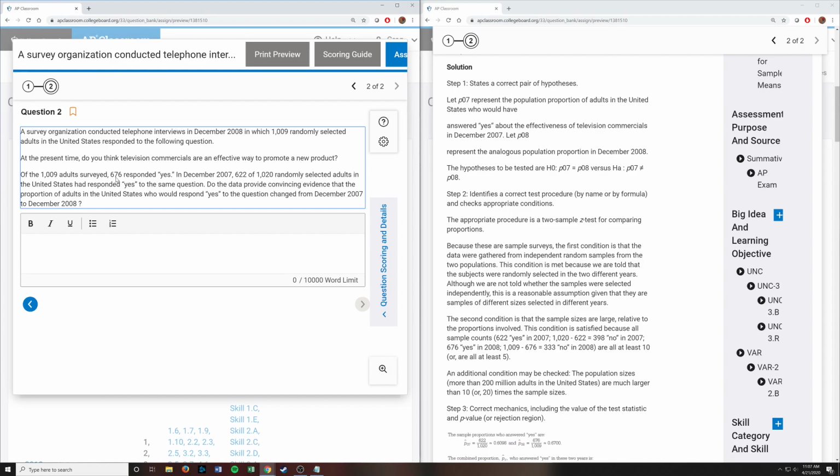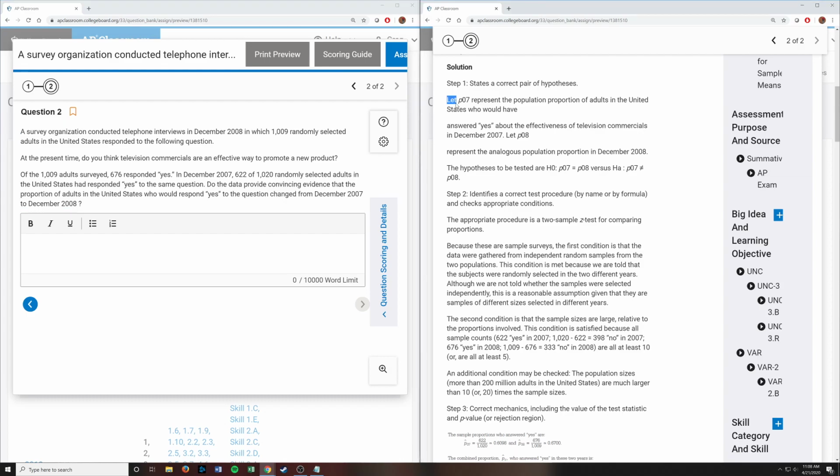They gave this survey in December 2008, and they gave it in December 2007 as well. And we want to know if the data provide convincing evidence that the proportion has changed from 2007 to 2008. Cool. So here we go, we're going to go through our solution here.